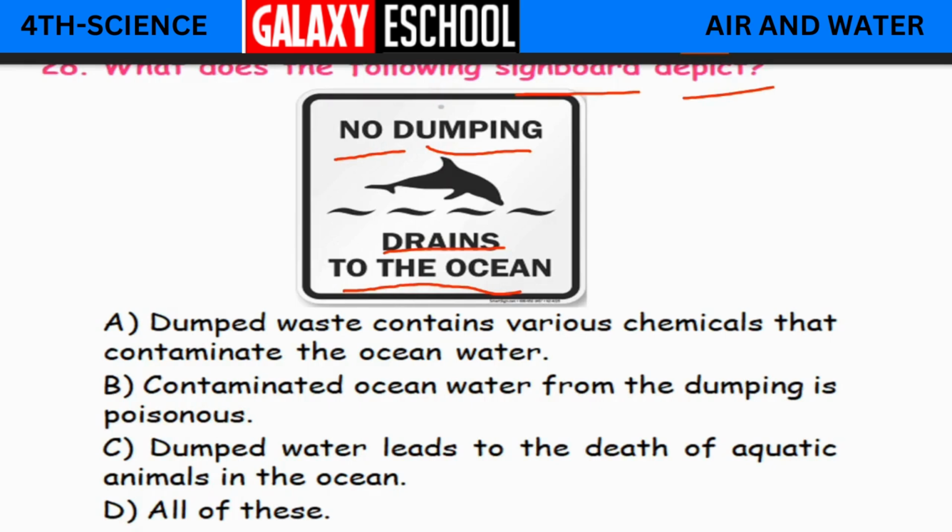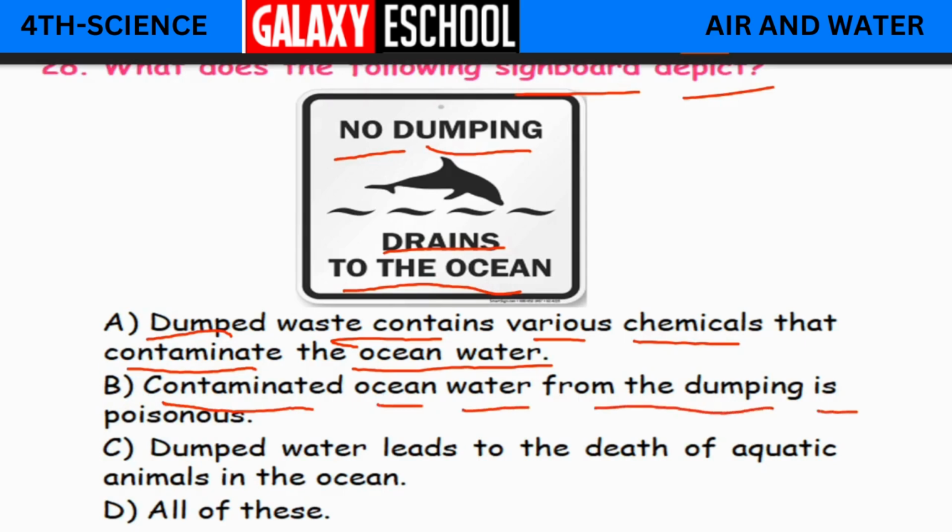Option A: dumped waste contains various chemicals that contaminate the ocean water. If we throw any waste, it contains various chemicals that are going to pollute the ocean water. The second one: contaminated ocean water from the dumping is poisonous.